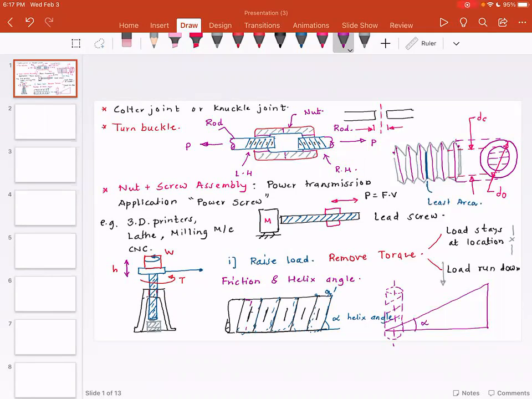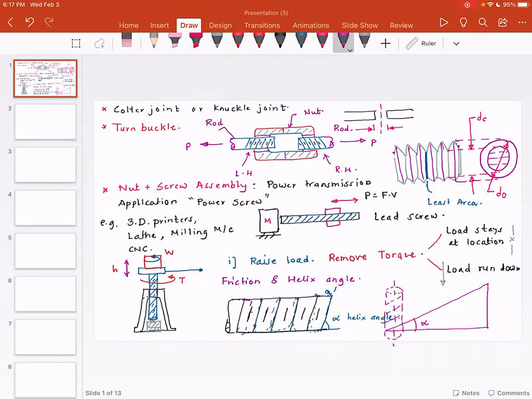So alpha is the helix angle, and if you look at this triangular paper and wrap it around the cylinder, it will actually trace a helix. So helix angle is quite an important design parameter in the case of power screws.